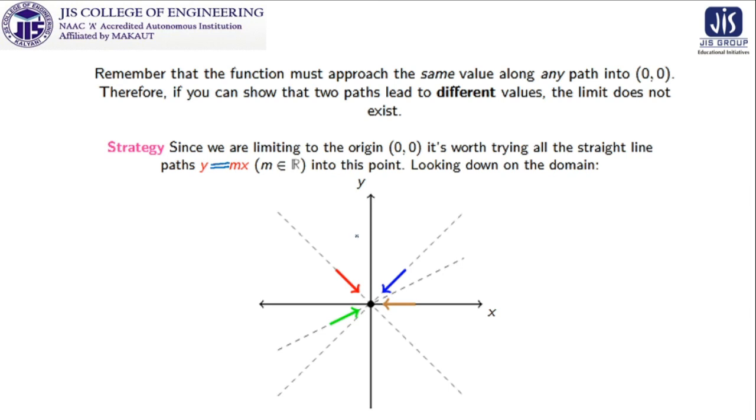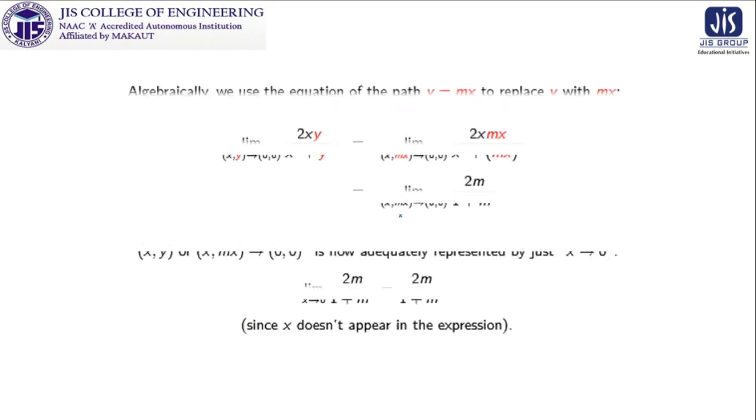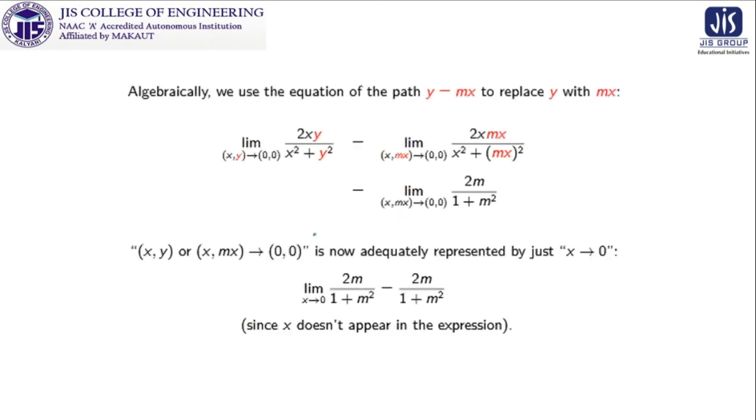We can put any value of m from the real number line R, and obviously the directions will change. If we get the same value, independent of m, it's okay. But if it depends on m, that means for various directions you are getting various values, so the limit does not exist. Algebraically, we use this equation y equals mx, replace it, and we get this one.